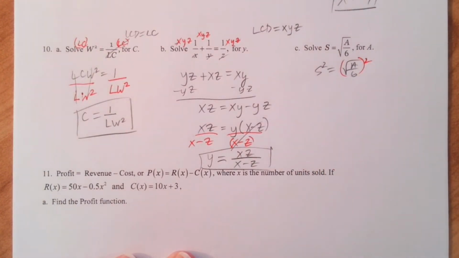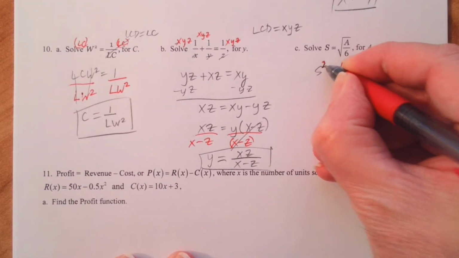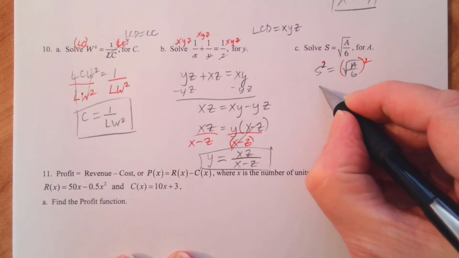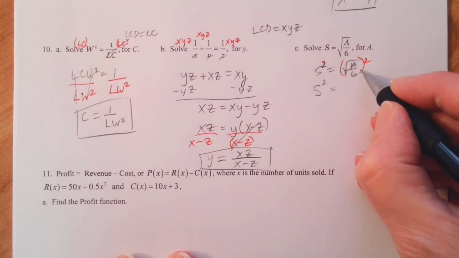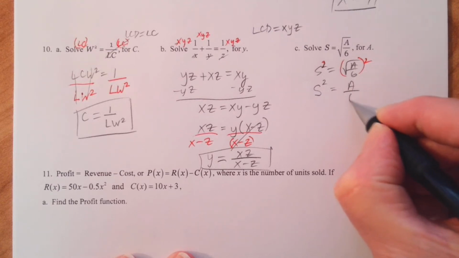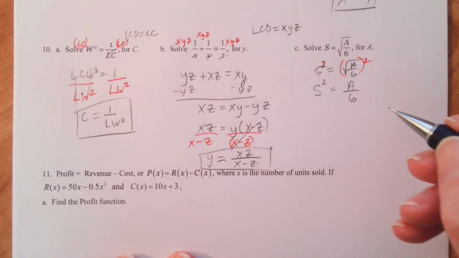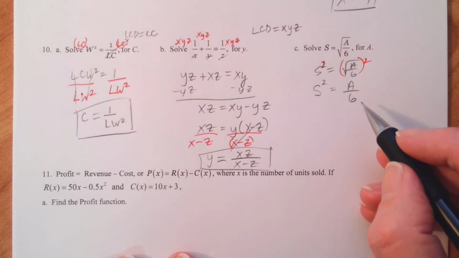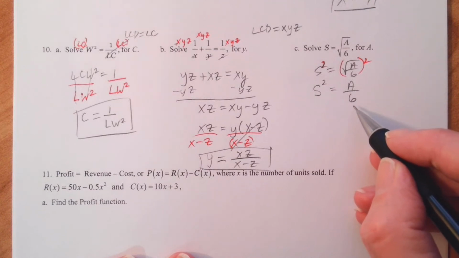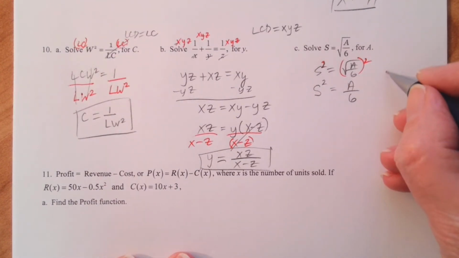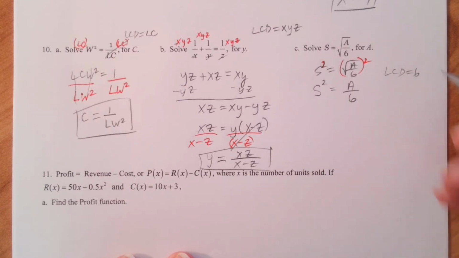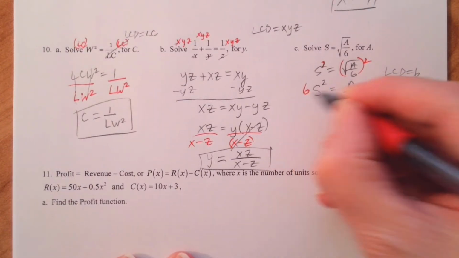So when we do that, we get s squared. Be careful, that's not a 5. On the other side, we're going to have a over 6. So now, if I'm solving for a, I need to get rid of that 6. To clear the fractions, you can see our LCD is 6. We'll multiply each side by 6.